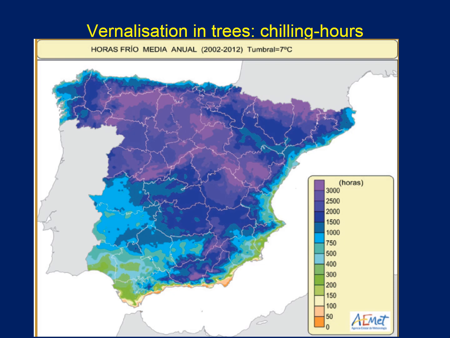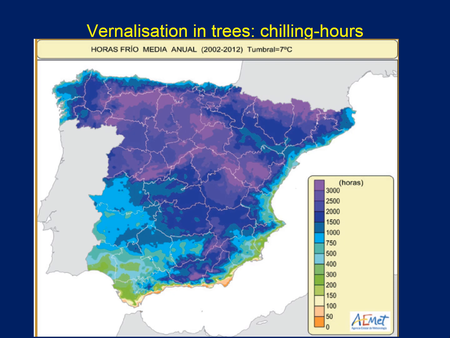In this map, we see the amount of chilling hours calculated as number of hours below 7 degrees. We see that typically most of the Iberian Peninsula has more than 1,500 chilling hours per year, and only in areas in the south and on the coast we see that the chilling hours are below 1,000.